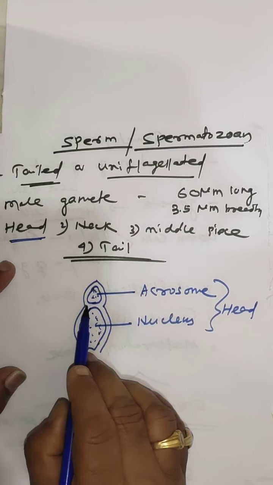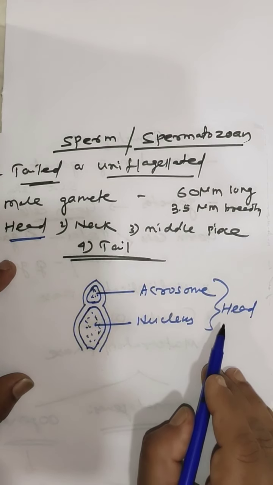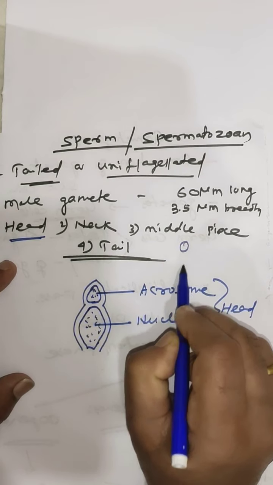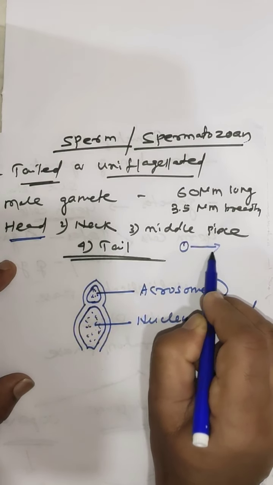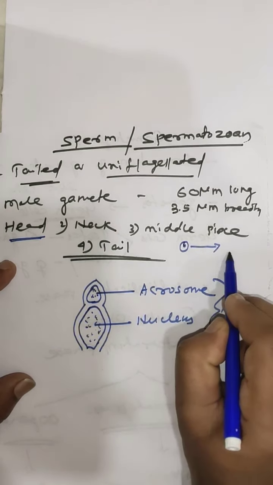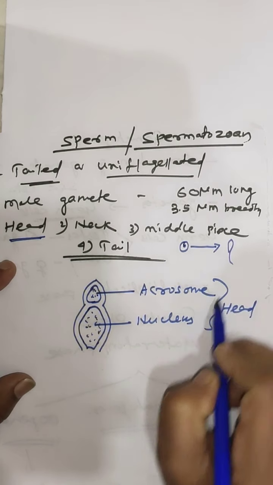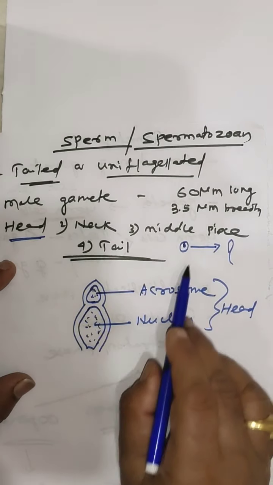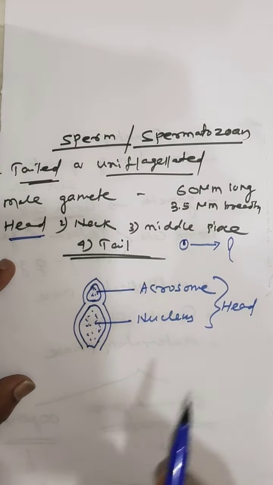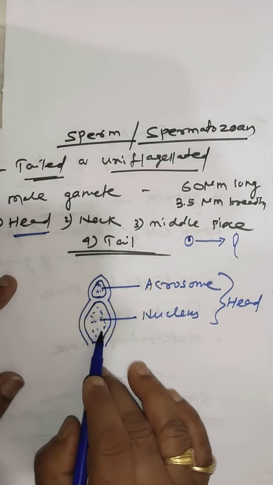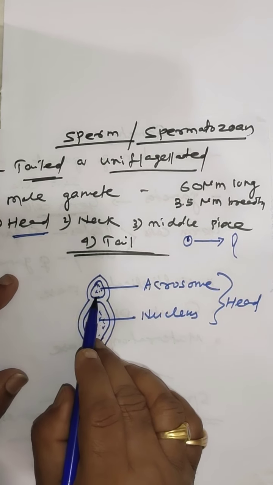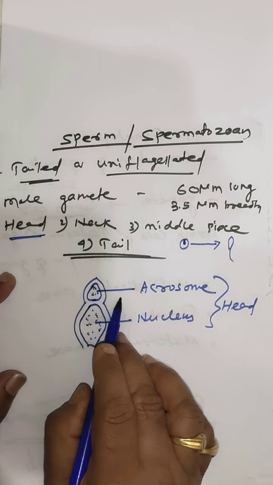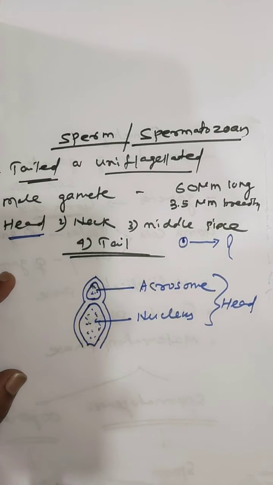The spermatid, which is the cellular structure, undergoes metamorphosis to produce a motile sperm. Some changes occur during this conversion. These are: the nucleus is highly condensed, and above the nucleus, the acrosome is present, derived from the Golgi complex of the spermatid.